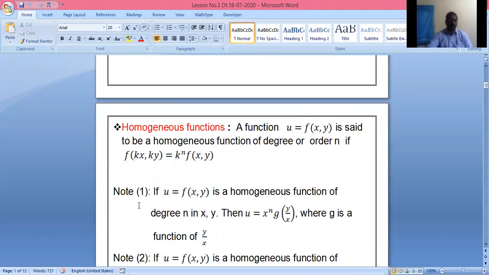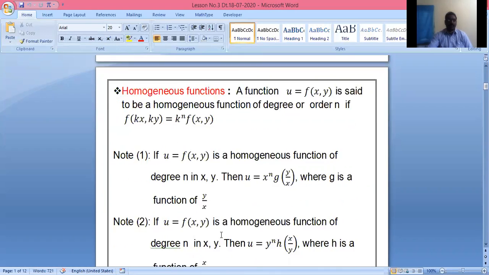Note 1. If u equal to f of x comma y is a homogeneous function of degree n in x and y, then u can be written as x power n into g of y by x, where g is a function of y by x.